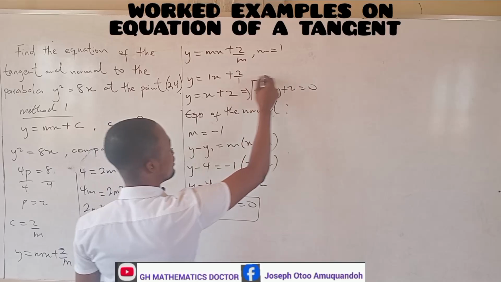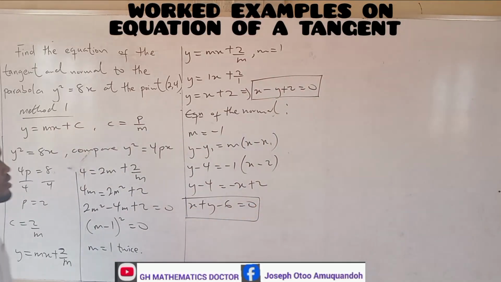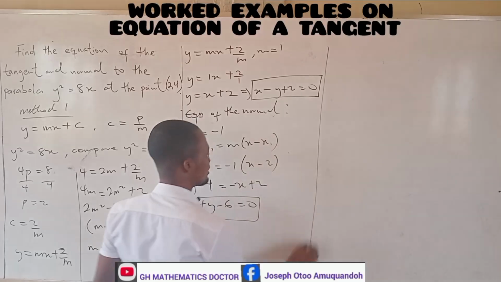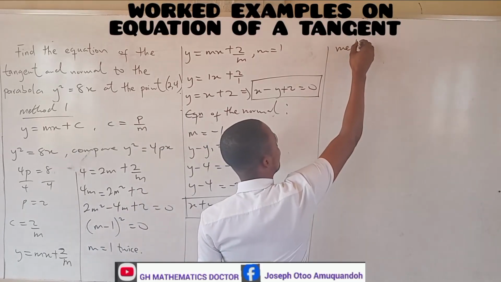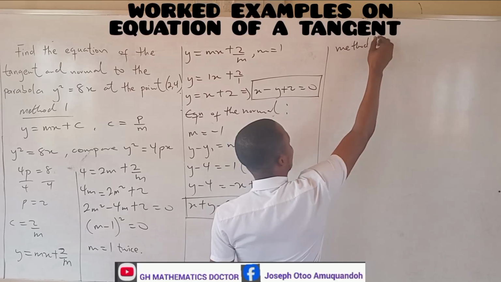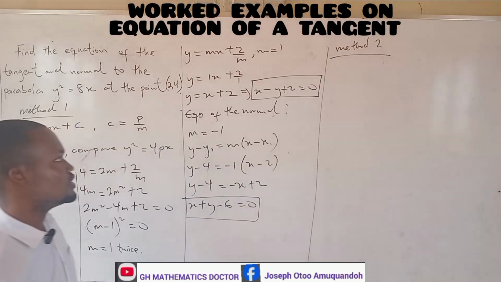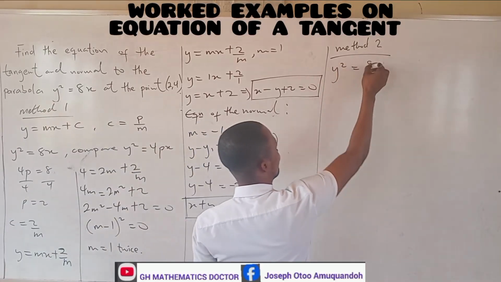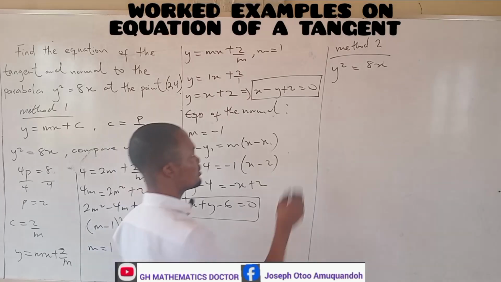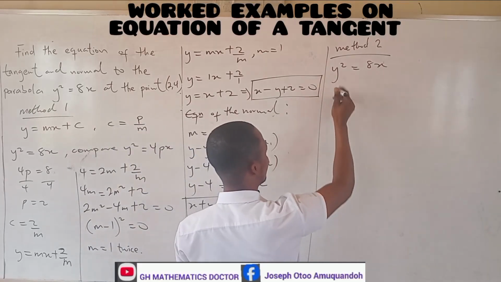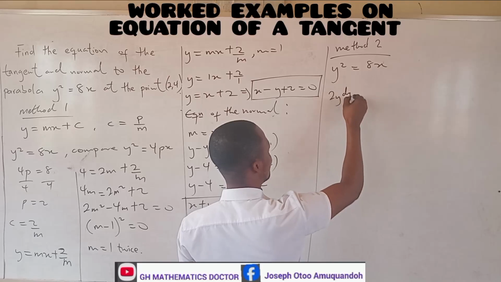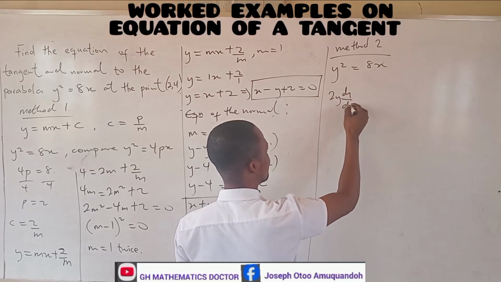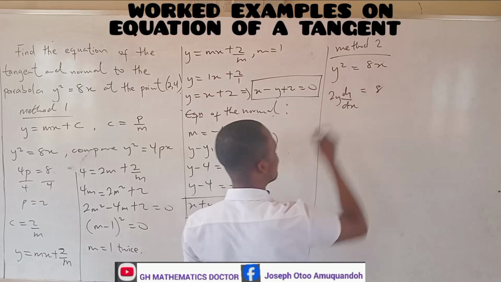And this is the equation of the tangent. So let's work out with the second method, that is method 2, and that is the implicit differentiation. So we're going to use the equation of the parabola given and differentiate this with respect to x. So this one will be 2y dy/dx equal to 8.